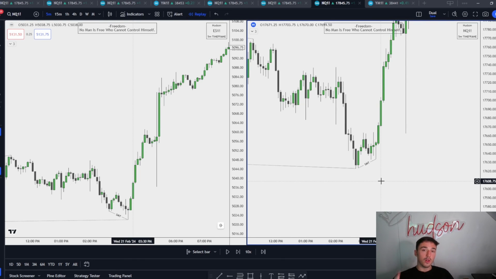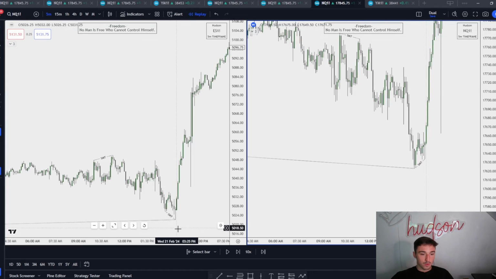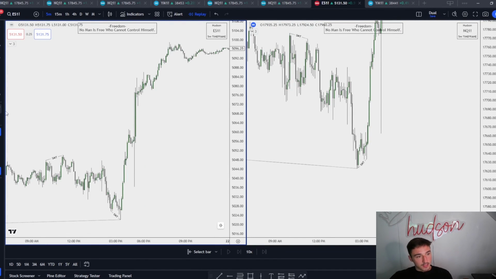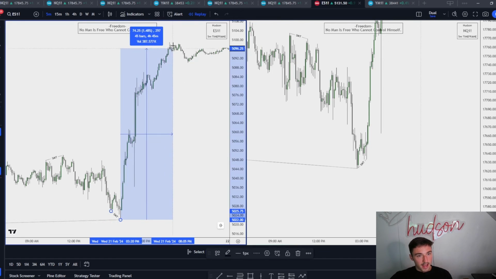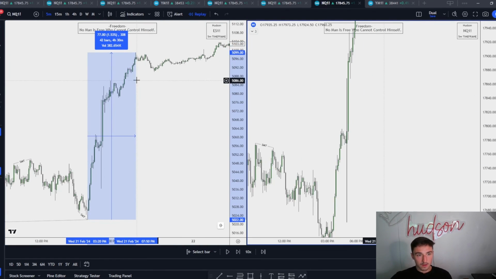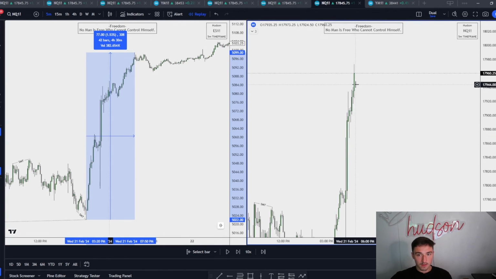Don't forget, long the stronger index, short the weaker index, which means this bullish SMT right here, ES was the one that formed the higher time frame. So let's measure this. When this move ended right here, 1.53%, which formed at 750.